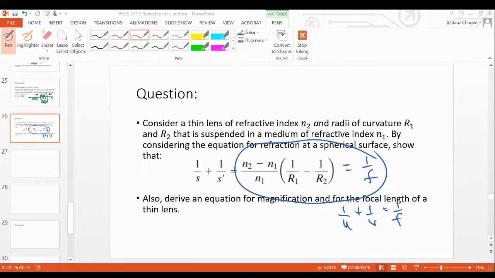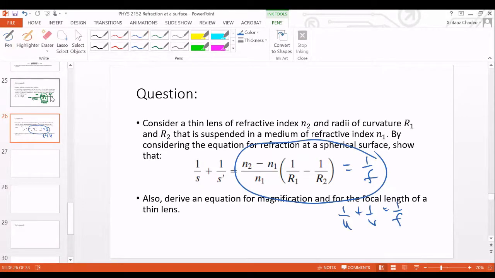For your homework, what you're doing essentially is taking what we derived for refraction at a spherical surface, and now you're going to put together two surfaces for the thin lens equation. But before you do the thin lens equation, you'll need to try the first question.